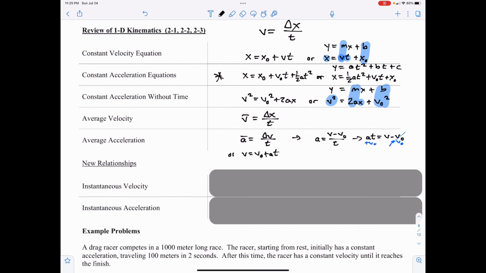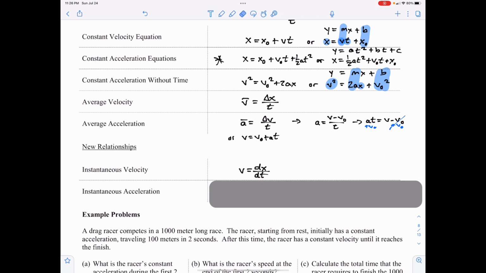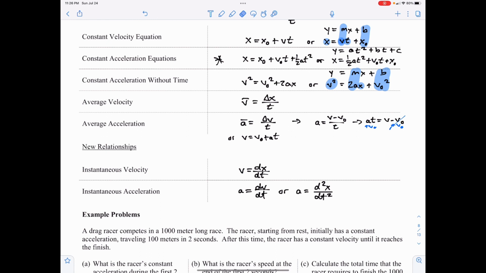Now, instantaneous velocity, this is where our new relationships come in. Instantaneous velocity represents the slope of the tangent line to the curve at that particular time. What does slope represent? It's the derivative. So the derivative of your position function with respect to time is our instantaneous velocity, and our instantaneous acceleration would be the derivative of the velocity function with respect to time, or the second derivative of the position function.